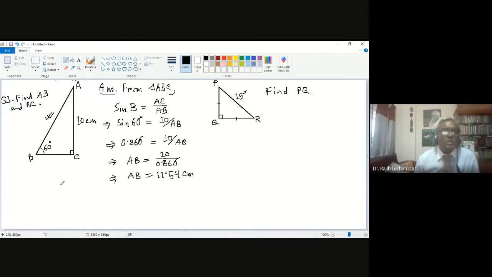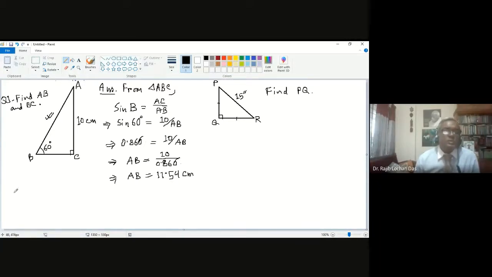You can apply the Pythagoras formula because now you have two sides, so the third side may be possible. It is one way. Another way is you can apply cos B.